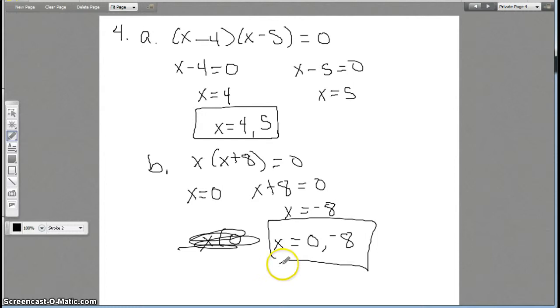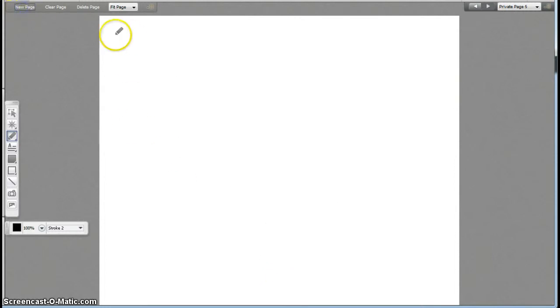Now let's go down to part C, number 4C, and we have 3 times 2x minus 1, and then you have to write the equals 0 part. Now here, again, you can use the zero product rule, but 3 equals 0 doesn't make any sense because we know that 3 can't equal 0. 3 is a number which is not 0.